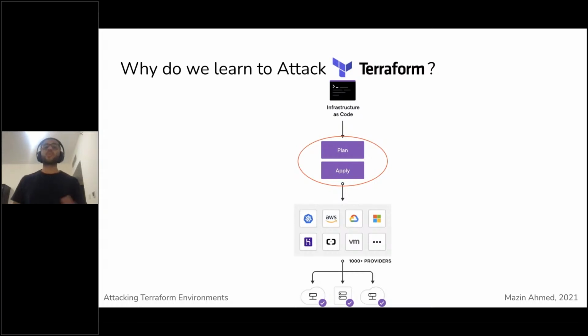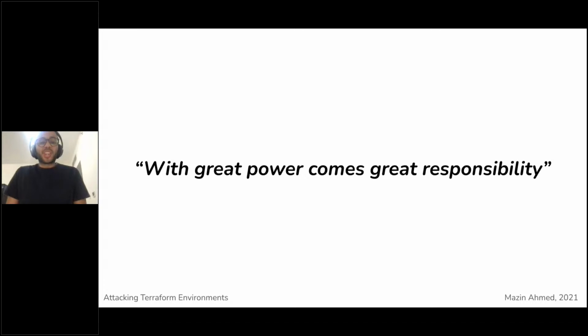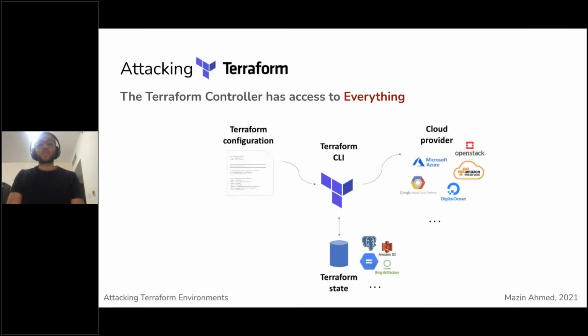This means that if this server has been compromised or something bad happens to it, then you would be able to compromise the other account through this instance. So if this is controlling GCP, Azure, I don't know, Cloudflare for DNS or whatever resource or provider you're using, then probably if you compromise this, you would be able to access the remaining. Amazing. So yeah, with great power comes great responsibility. This is exactly what you can say about Terraform. The Terraform controller has access to everything.